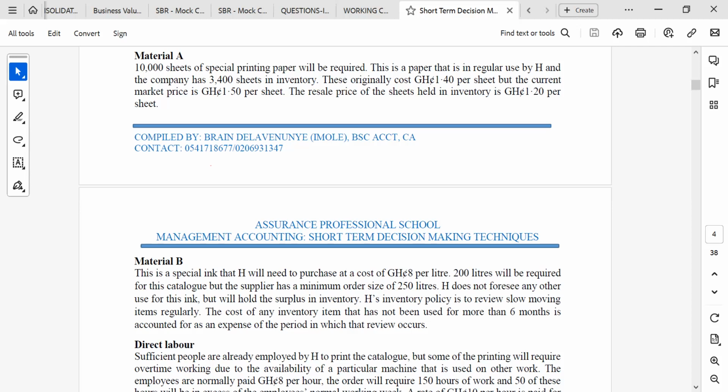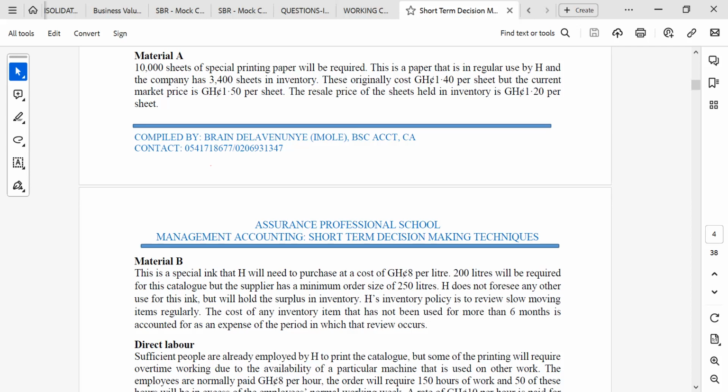Is that the case, Adam? Yes. Okay, but there will be a remaining 50, isn't it? The remaining 50, does it have an alternative use? No. So it means that we are buying all the 250 because of the contract, isn't it?